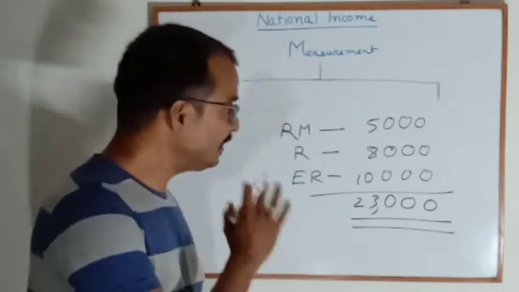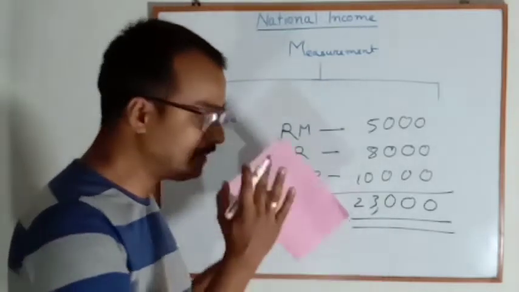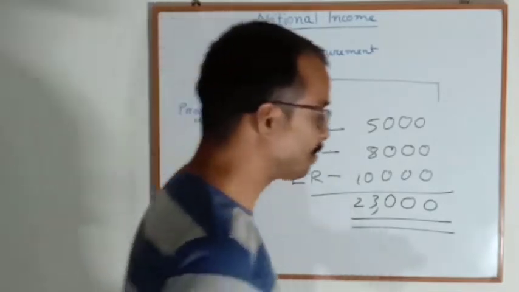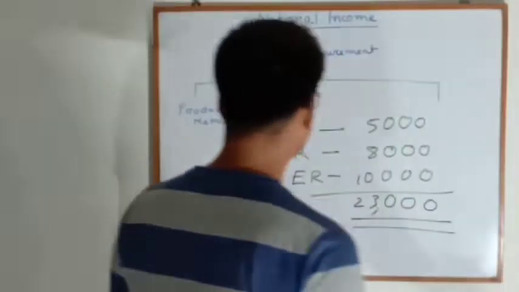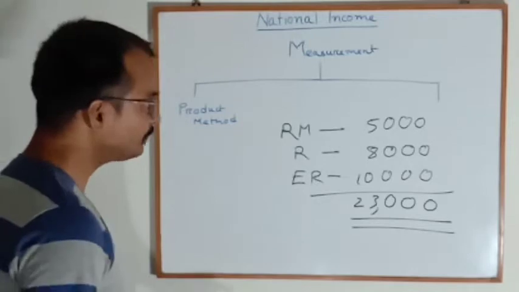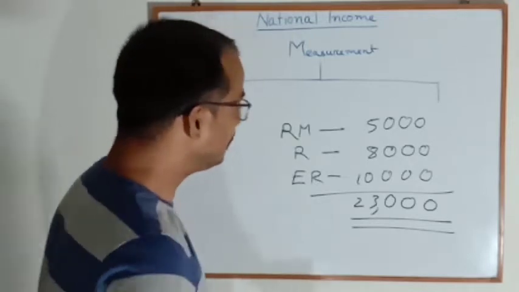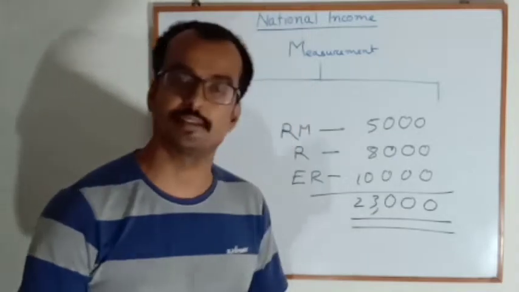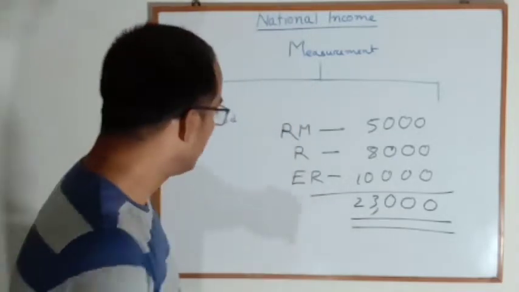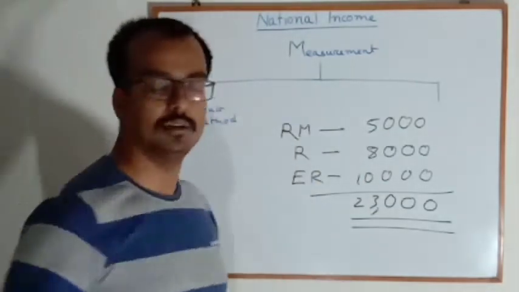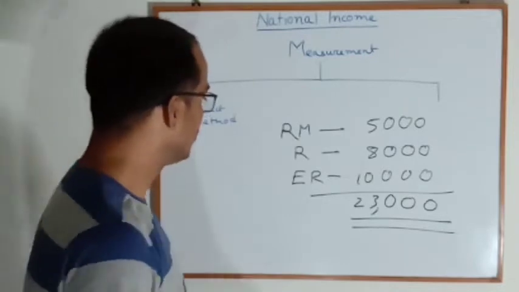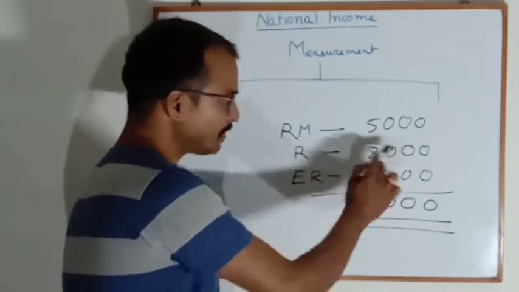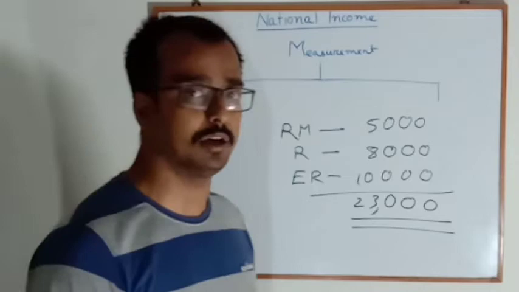It looks right, but there is a big mistake. There is a big problem. What is the problem here? The problem is that something you have counted more than once. The rubber milk was sold at 5,000, and the rubber was sold at 8,000.